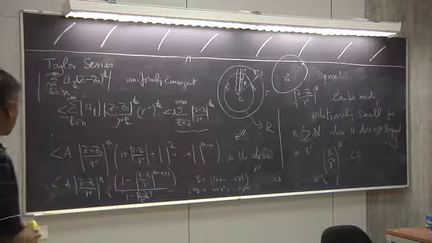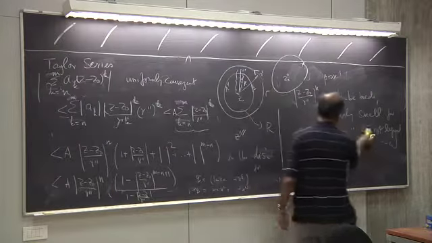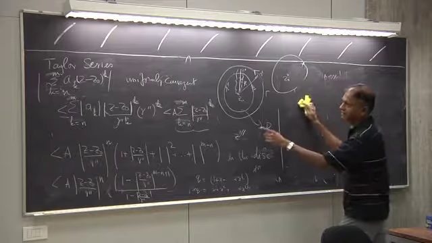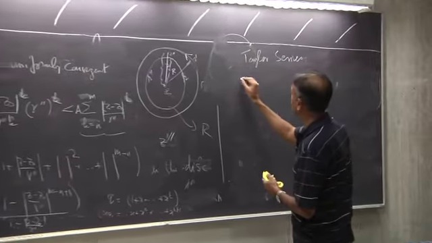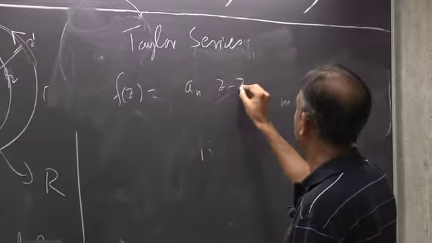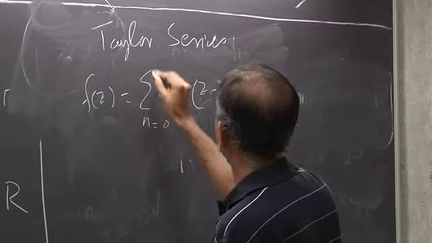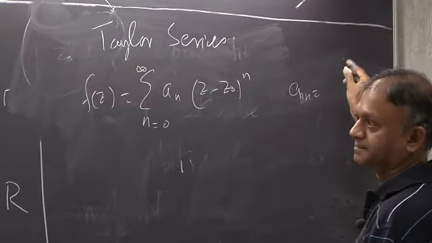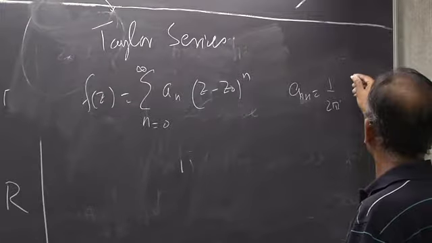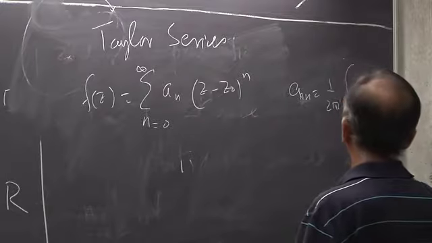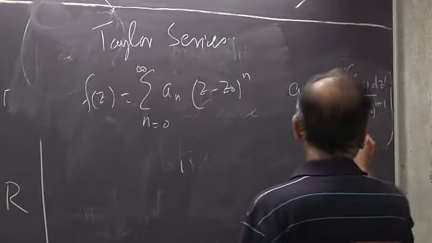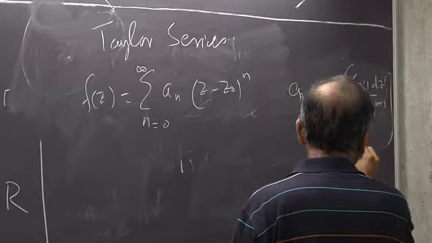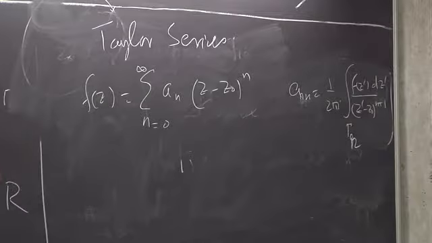So consider the Taylor series: f of z equals the sum of a n times z minus z0 to the n, where a n is 1 over 2 pi i times the integral of f of z prime over z prime minus z0 to the power of n plus 1, dz prime, on the circle gamma of radius r, which was the original circle centered around z0.